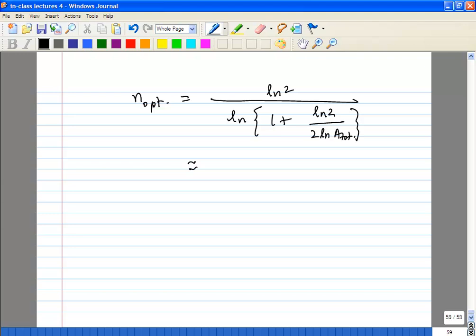And again you can make an approximation for this: let's assume you want a very large enough gain. So this second term is very small. So ln of 1 plus x, you can just say it's approximately x. So your actual optimum number of stages is nothing but 2 ln of the total gain.